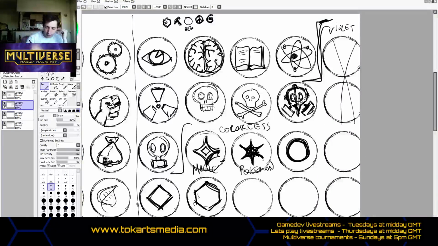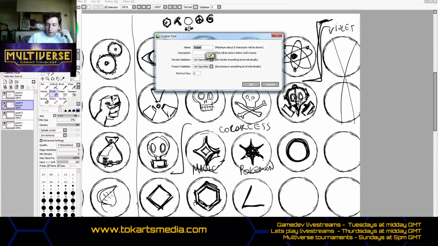Maybe if it's like this. Colorless resource. It should probably be a simple shape. Maybe a triangle, or I don't know. No, that's bad. Square? No, that as well.